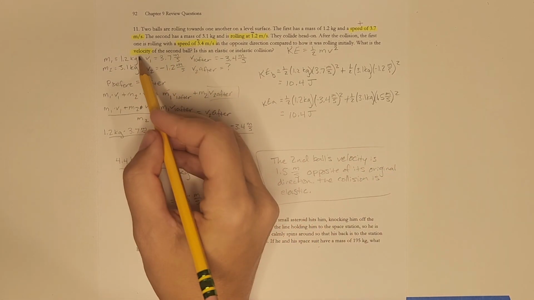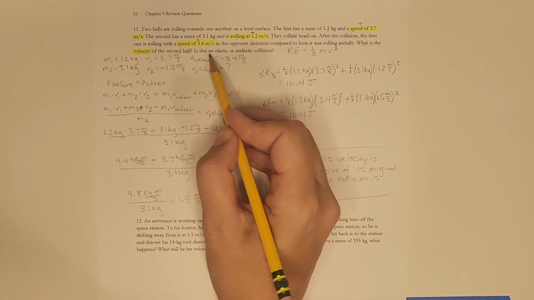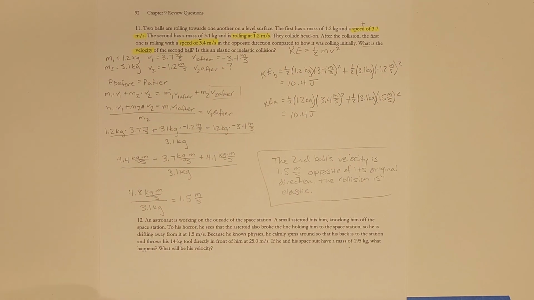And that answers both of these questions: What is the velocity of the second ball, and is this an elastic or inelastic collision?